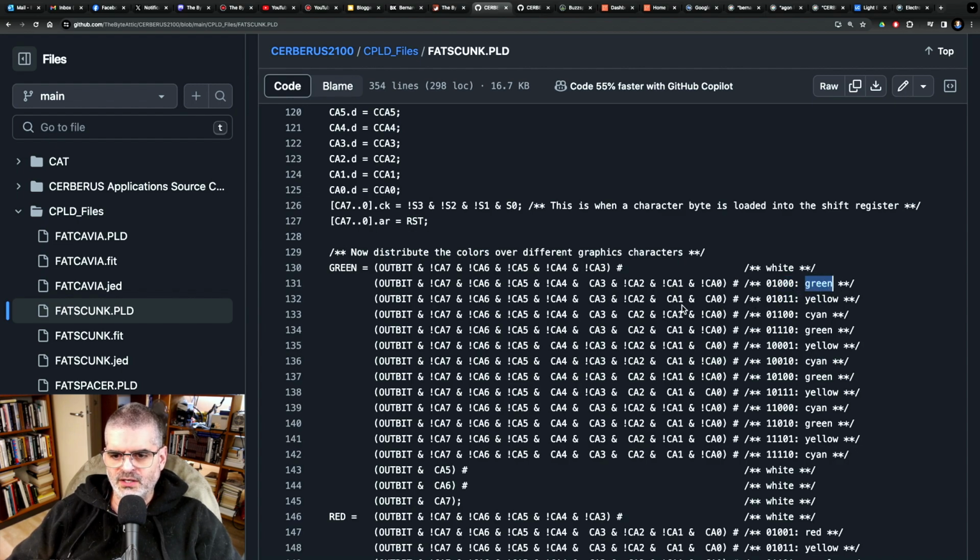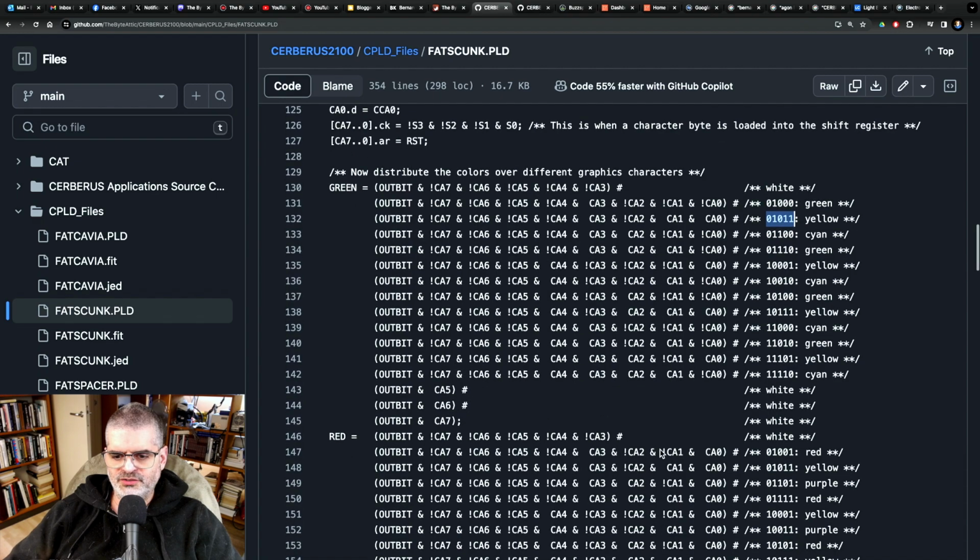The green channel can also be active when it's 0, 1, 0, 1, 1. But then the red channel here is also active. So what you get is a yellow, because in RGB, green plus red is yellow. And that's how you can read all of these equations. Now, when CA5, CA6, or CA7, when any one of them, the hash is a logical OR, when any one of them is 1, then it's white.